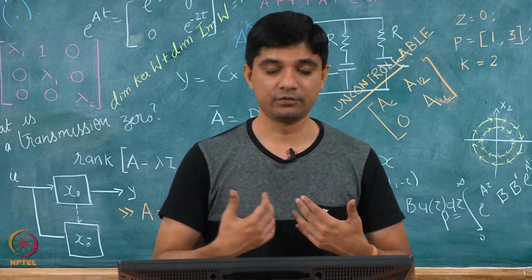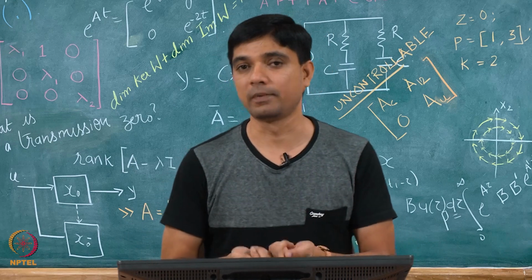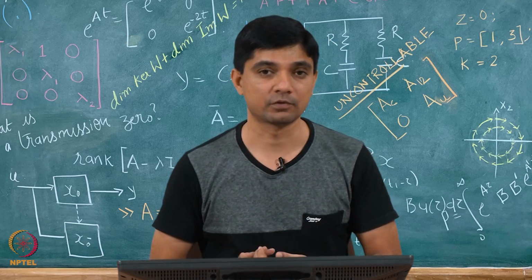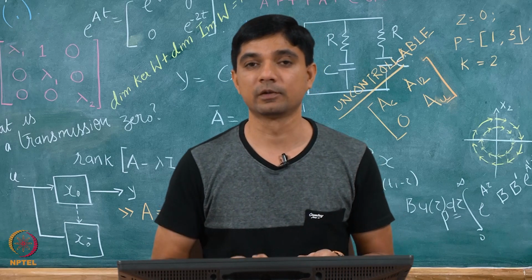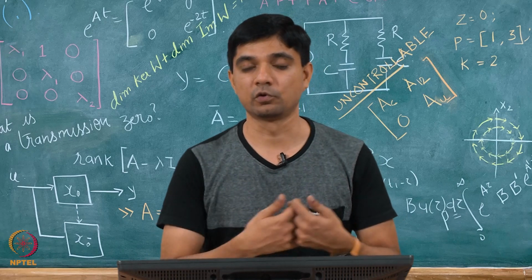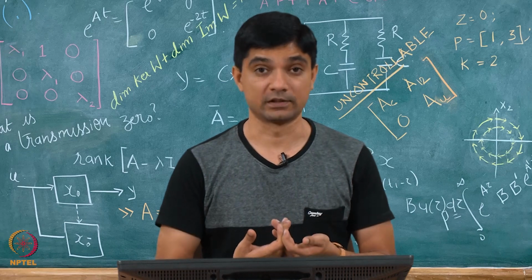So what we will do today is to look slightly beyond just pole placement, beyond looking at just stabilization kind of properties, or beyond looking at a control problem as just u equal to minus kx, such that the poles of the closed loop system are at the appropriate locations.